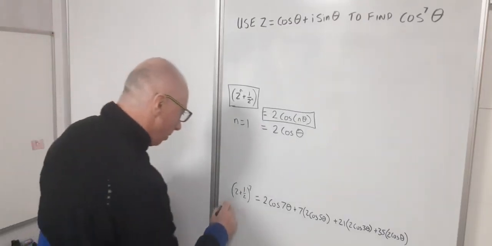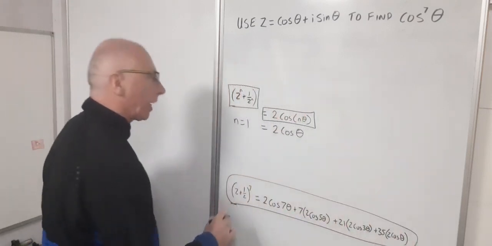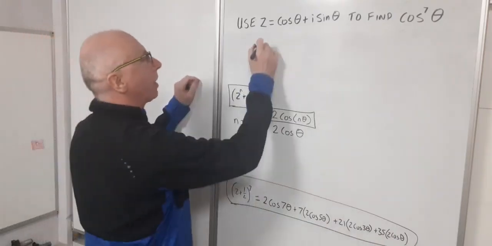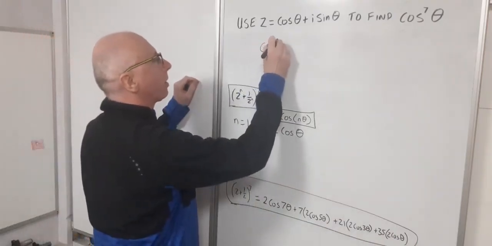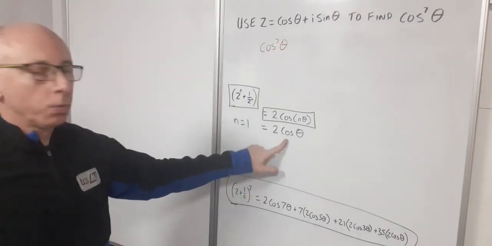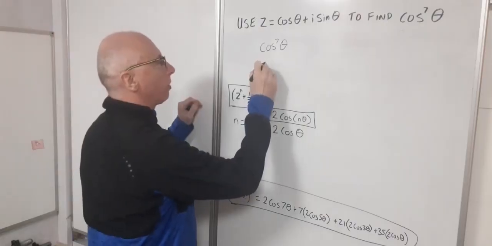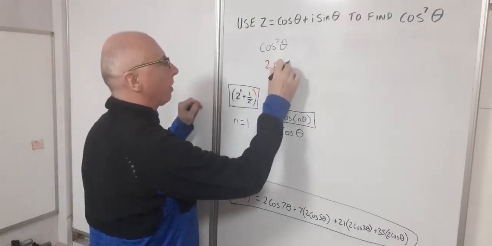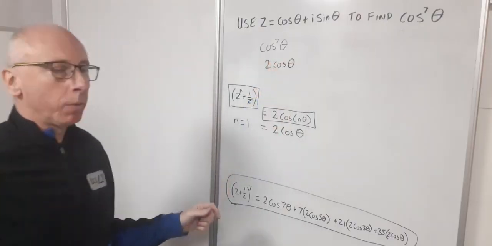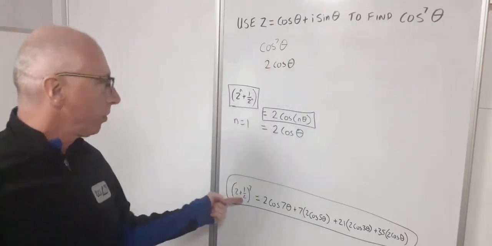Okay, so this is where we are up to so far, and now we want to get cosine to the 7 theta. Now we've got 2 cosine theta is represented like this when n is 1. So we've got 2 cosine of theta. Now what we want to do is find that when it's raised to the power of 7, which is what we've done here.